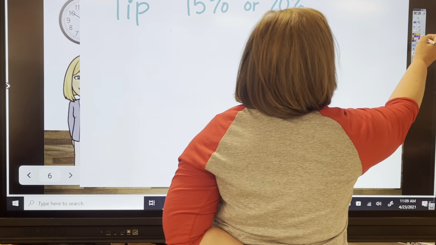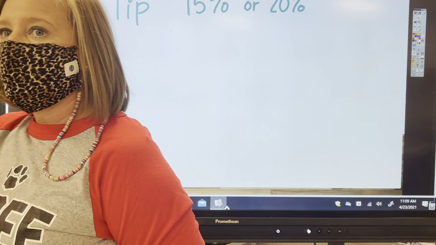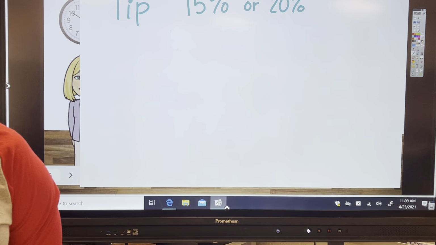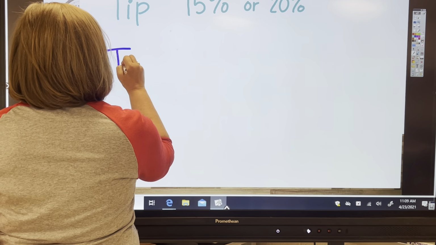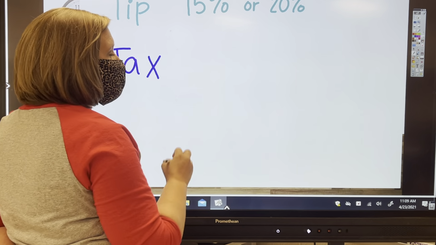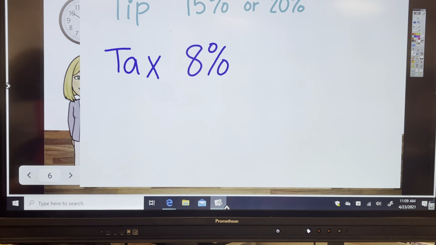Now, how many of y'all go to the Dollar General, and let's say your parents give you $1, you go to the dollar candy aisle, you get a dollar box of candy, you get to the register, can you purchase that box of candy? No. Why not? Because there's tax. In Chesterfield County, tax is 8%.